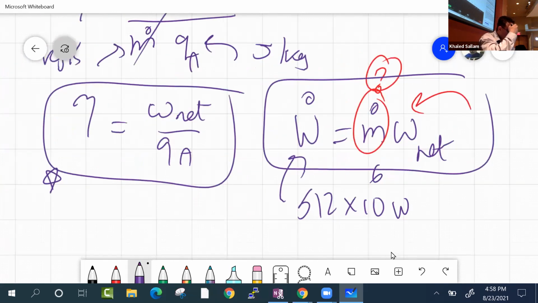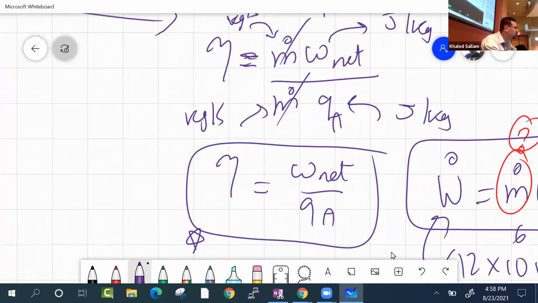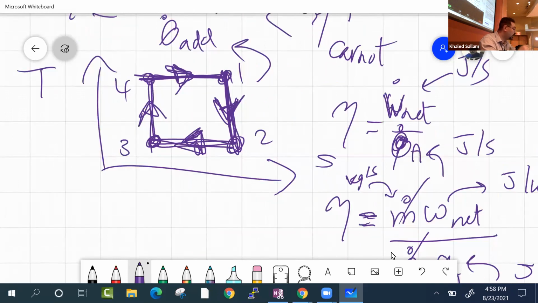So back again to that. For any cycle, Rankine, Brayton, any cycle, efficiency is net work over Q added. Now for the Carnot cycle, that rectangle cycle, what is the equation for it? Does anyone remember from Thermo 1? What is the efficiency of the Carnot cycle?